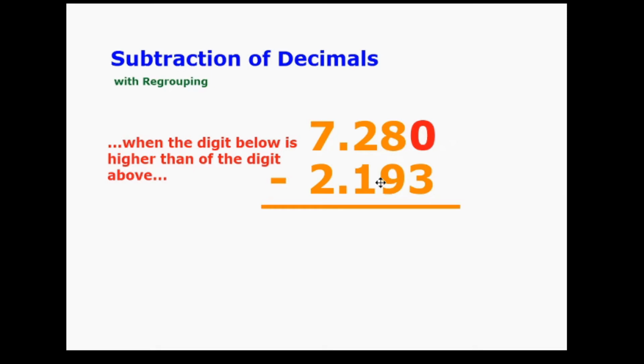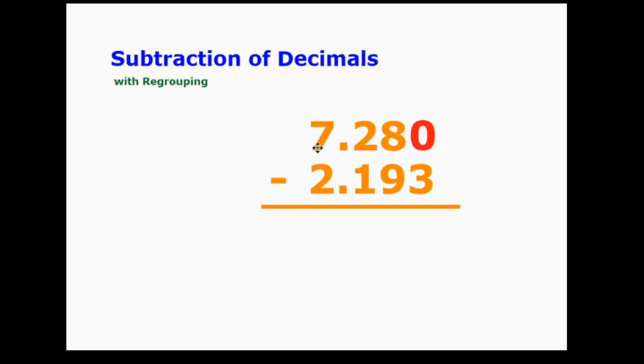How to do regrouping? So let's start. As I mentioned earlier, subtraction is no different from addition. You must always start on the rightmost place value. So let's subtract 0 minus 3. Since we cannot subtract them because 3 is higher than 0, 0 must borrow from the number on its left, which is 8.